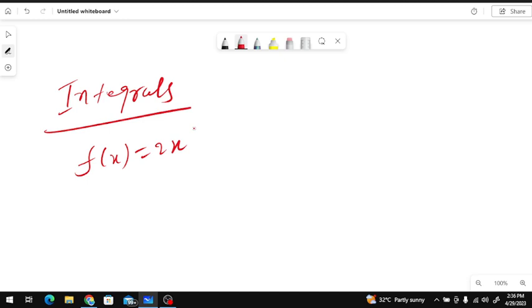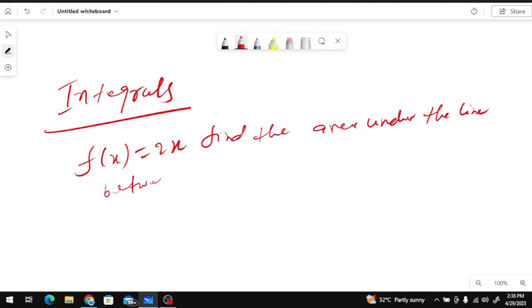I want to find the area under the line between 0 and 1.